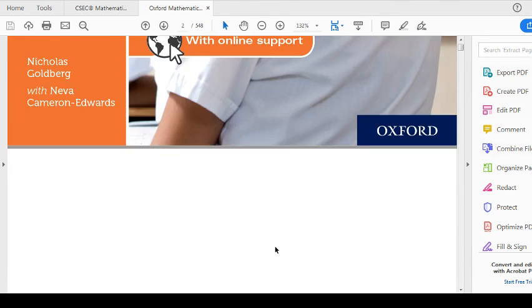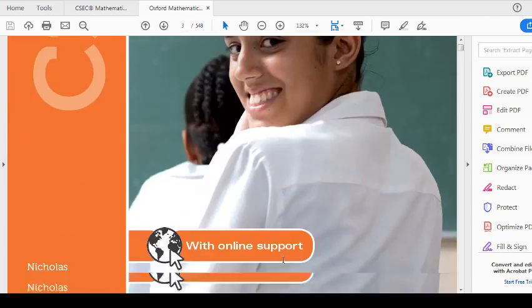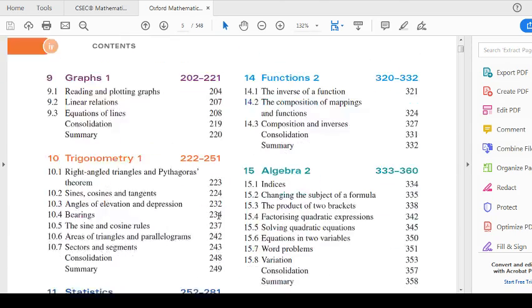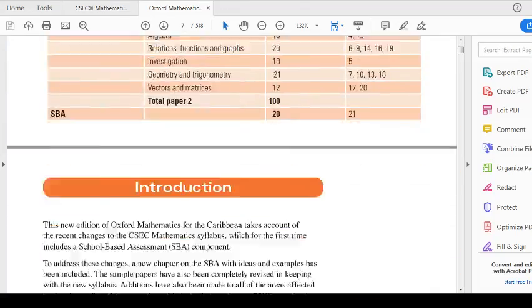You should have this book. And this book starts off looking at some of these questions. So in next class, we're going to look at some of these indices and arithmetical rules and laws and so on and so forth. And we could try some of these questions.